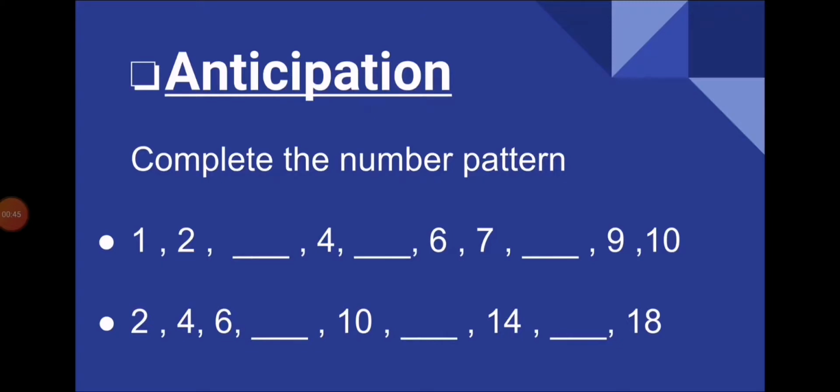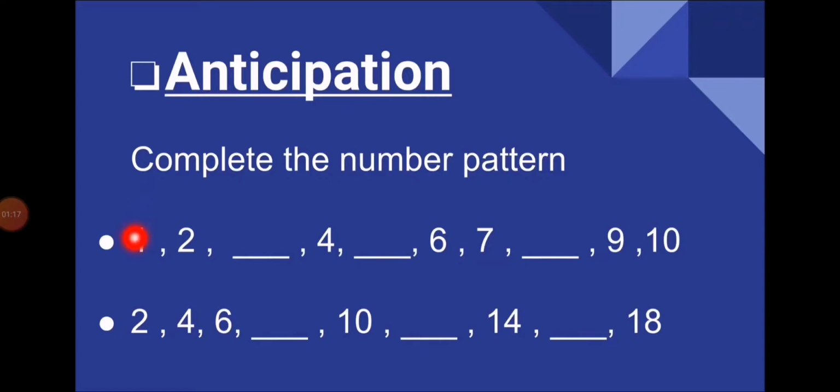We start with our prior knowledge or anticipation. Complete the number pattern. Look at the first pattern: 1, 2, dash, 4, dash, 6, 7, dash, 9, then 10. If you observe this pattern, you can find out it is simple counting from 1 till 10.